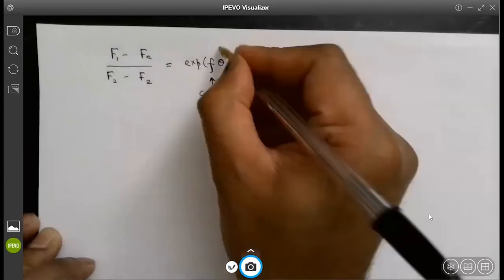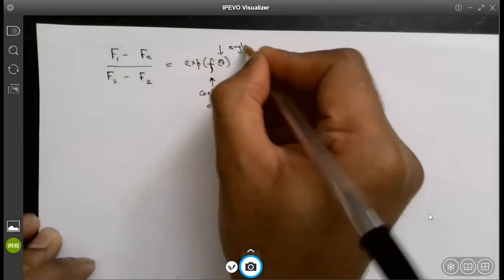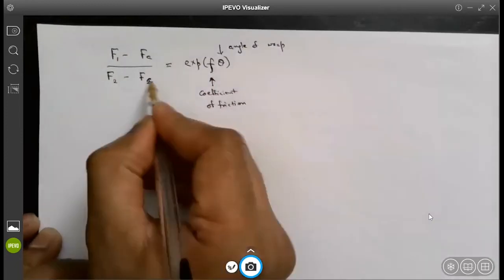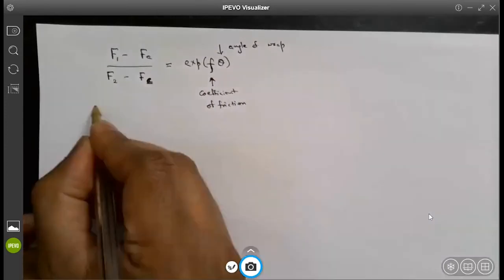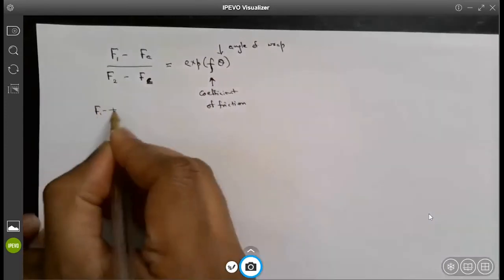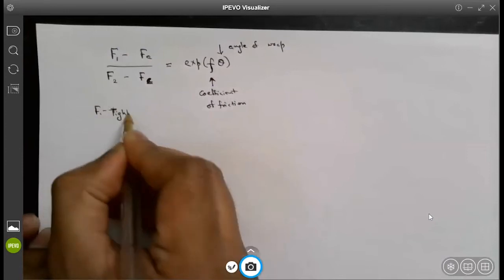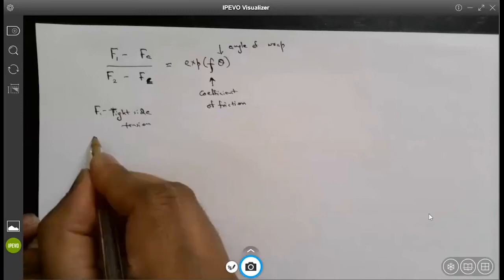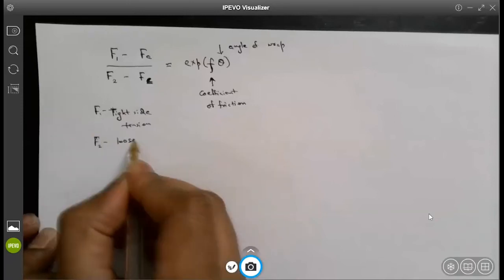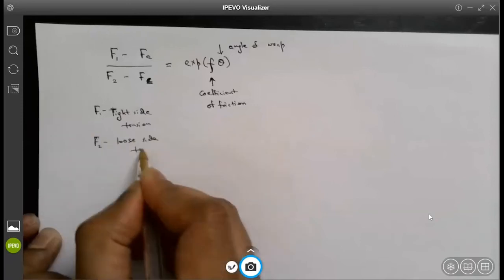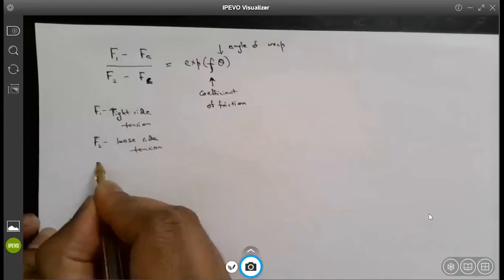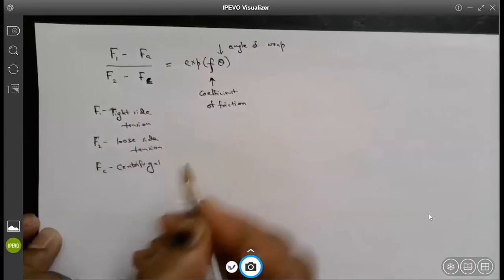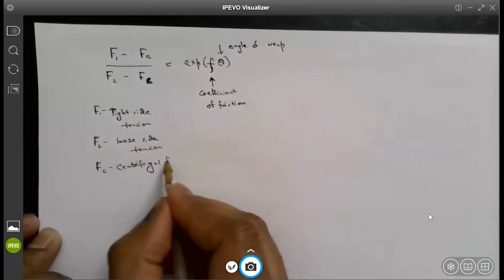Theta is the angle of wrap obtained geometrically. F1 is the tight side tension. F2 is the loose side tension. And Fc is the centrifugal force because of the rotation of the belt along with the pulley.